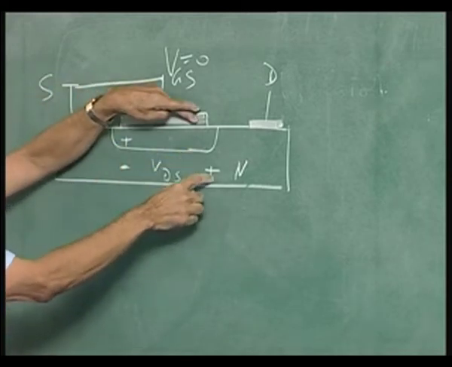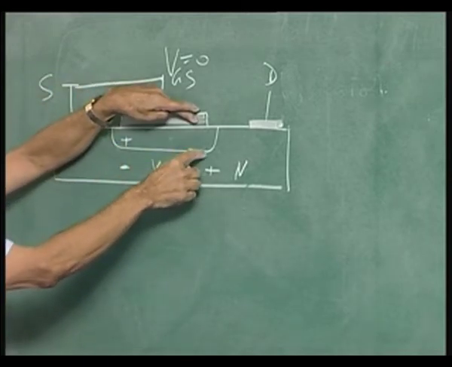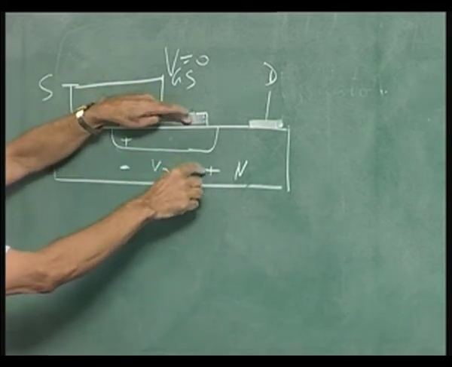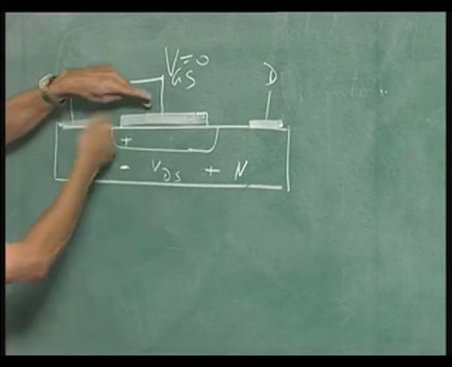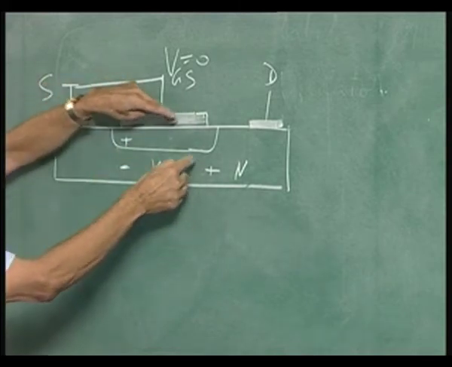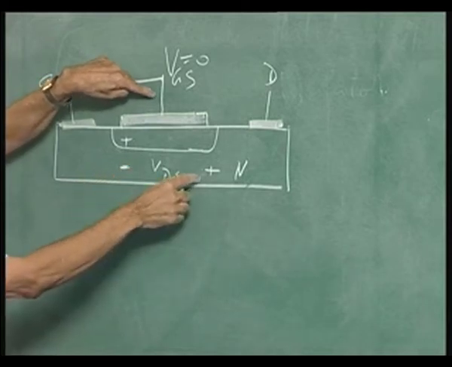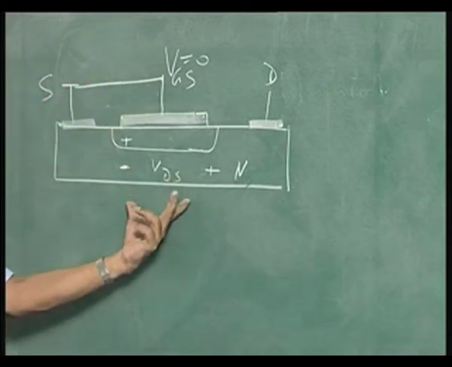In this region it is equal to VBI, minus plus, and this drop also is there, minus plus. So you have an additional drop coming up, this minus, this region plus, and this adds on to that.